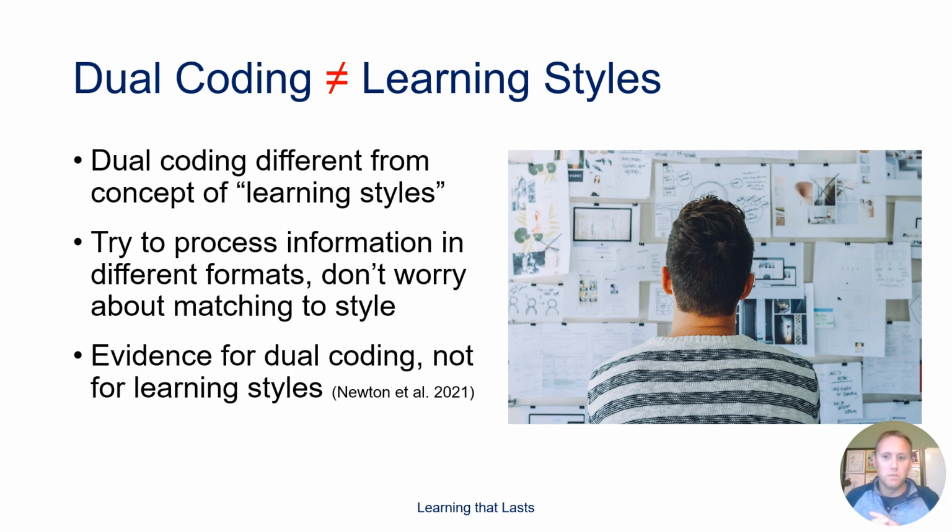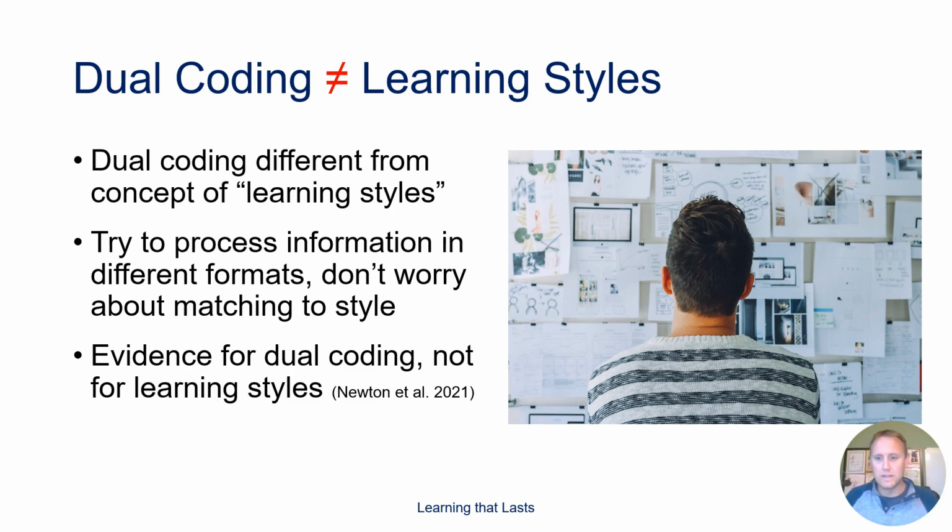So you want to process information through as many modes as possible, right? To create these robust mental representations of what you're trying to learn, not necessarily focus on just text because that's what you feel like you learn best, or just visual because that's what you feel like you learn best, right? So this is where I wanted to clarify that dual coding is not necessarily learning styles.